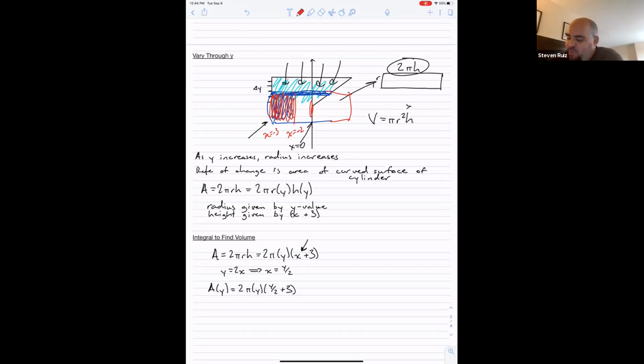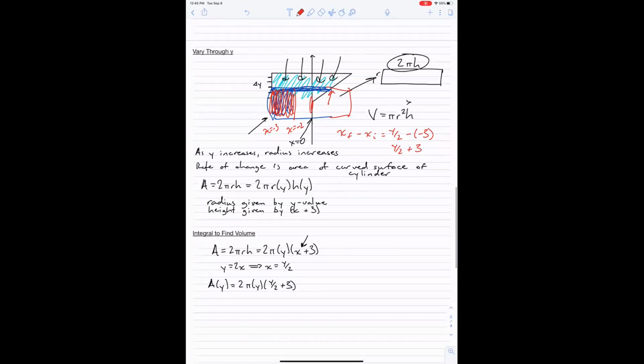So basically what you're doing is taking your x final minus your x initial. The x final is really y over 2 because the x final is wherever you hit this slanted surface. The x initial is always going to be -3. So cancel out the negatives, you're going to get y over 2 plus 3. That makes sense. Thank you.